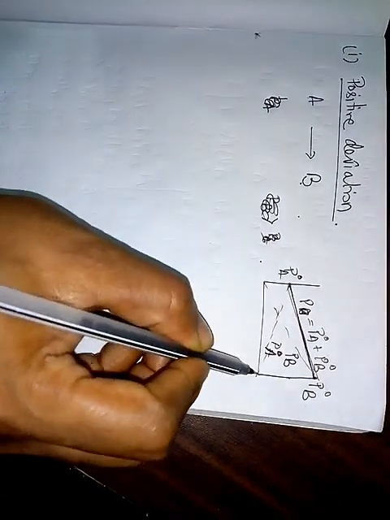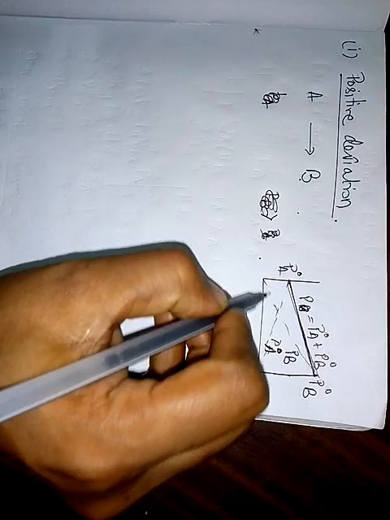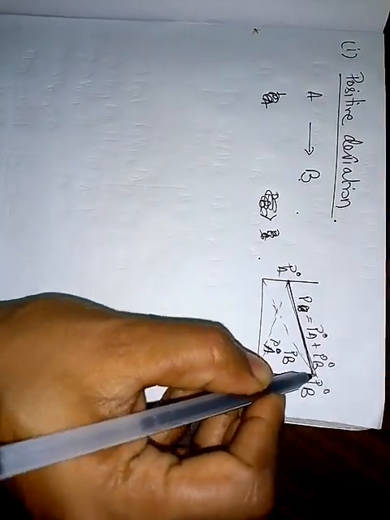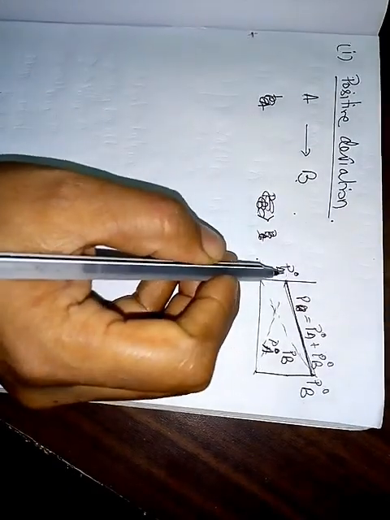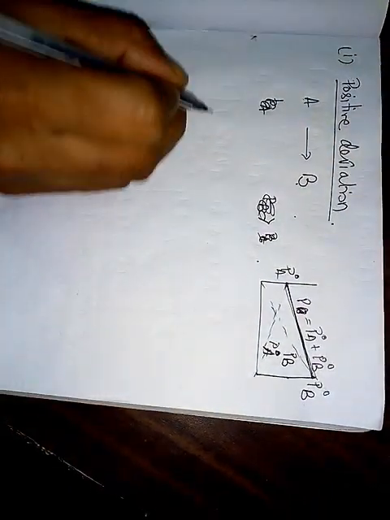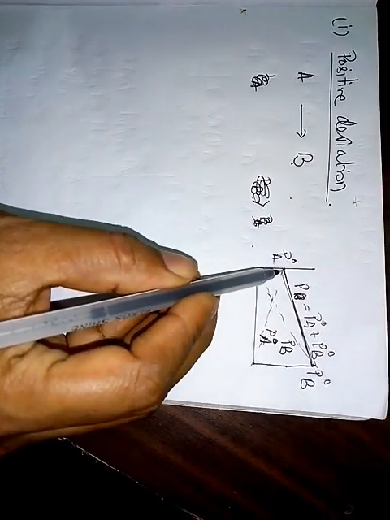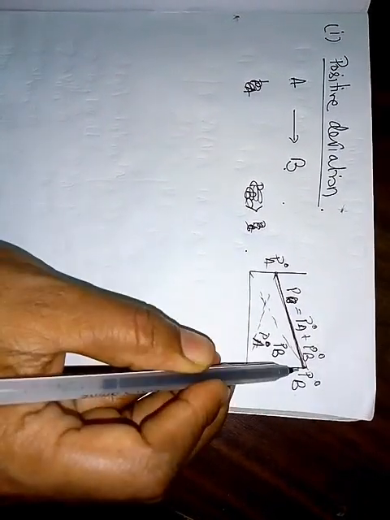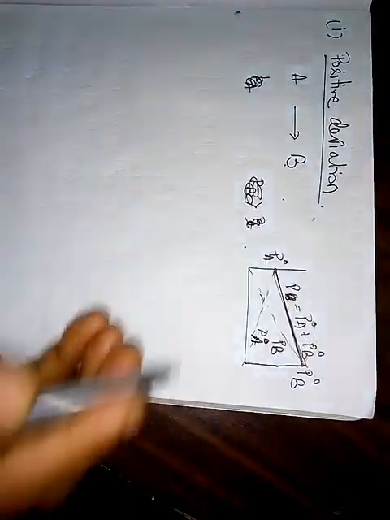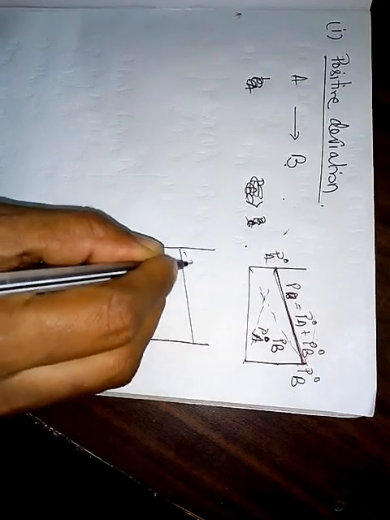This dotted line is the partial pressure of A. This is the partial pressure of B in the solution. Now, if it is more than this vapor pressure for the solution, then it is called positive deviation. So, how will we get the graph? It is like this.